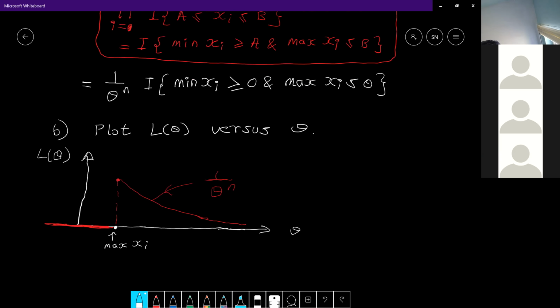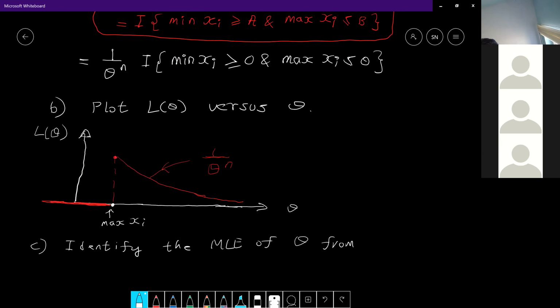So this is part B, and part C is to identify the MLE of theta from the plot. If you go back to the plot, remember the MLE is the point where the graph is the largest.